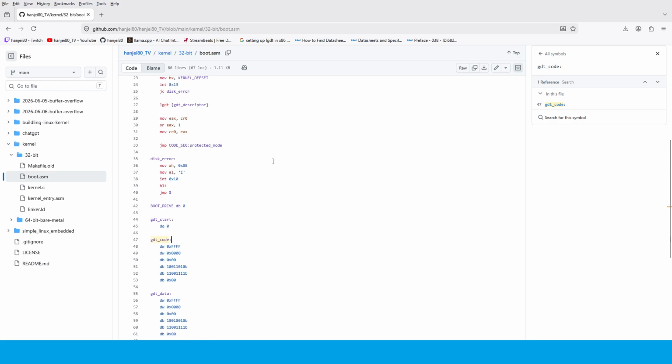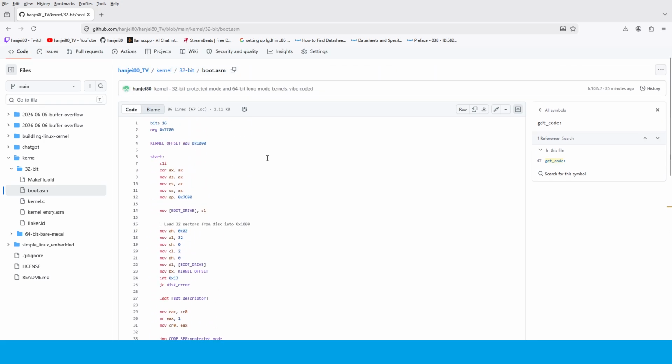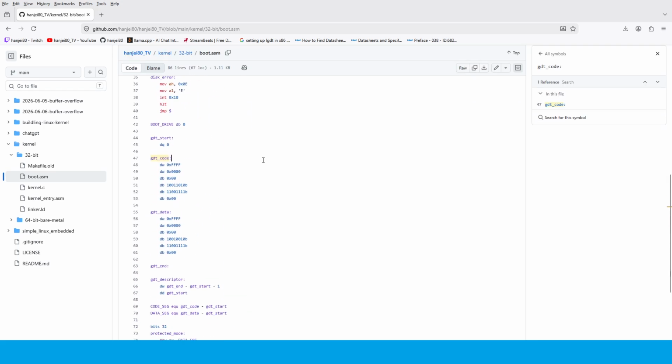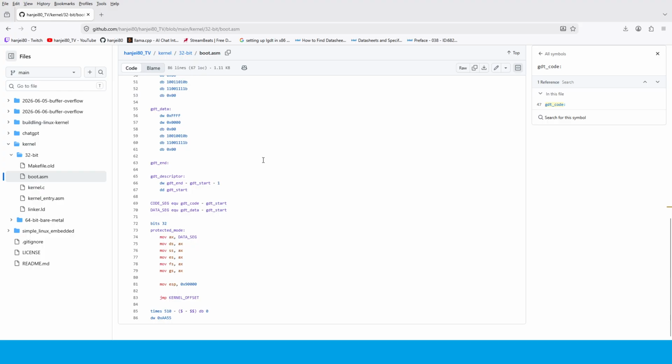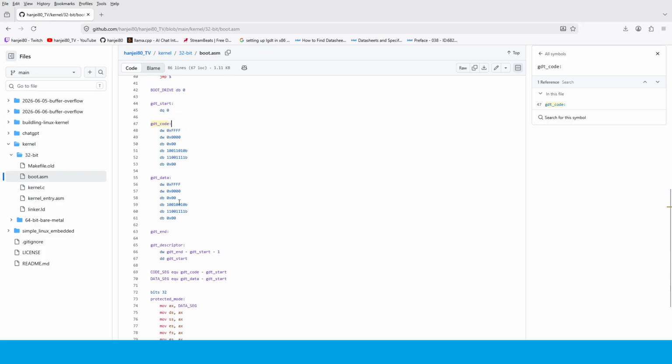That's a strange thing. I'd be interested to know what these granularity and access fields would mean.